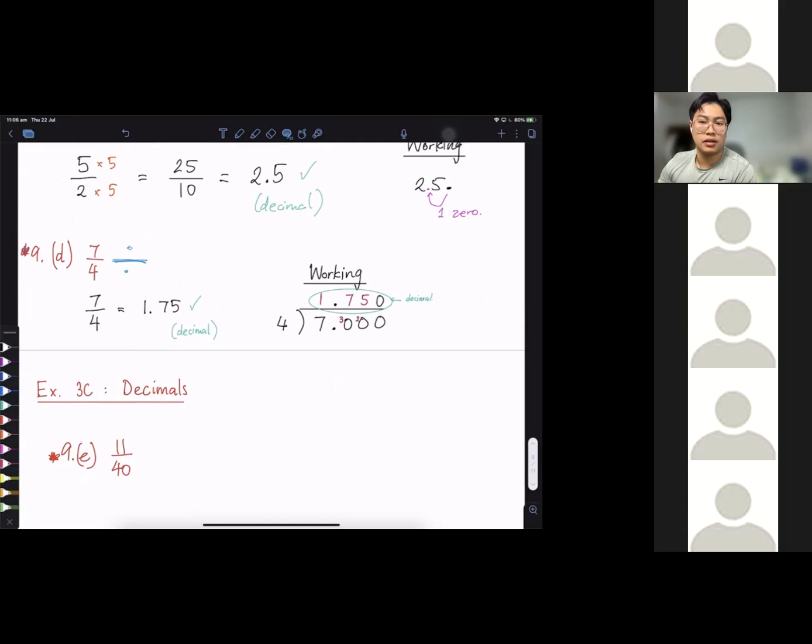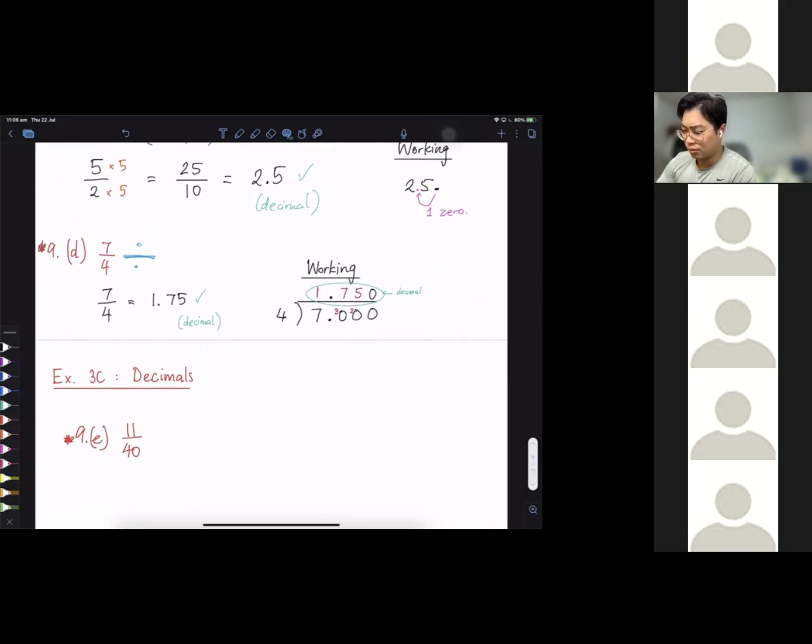Now this one here, what do you notice? With fractions and decimals, we've been doing a lot of division, yeah? And I noticed that almost every single one of you has improved so much. At the start of this year, we were really struggling with division and multiplication, but now you guys are improving so much because what did you notice?